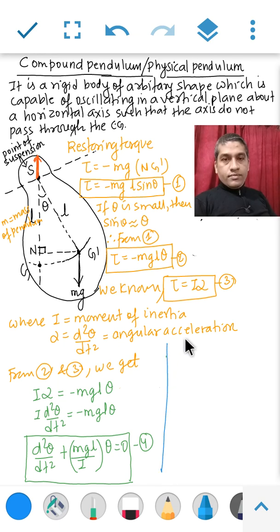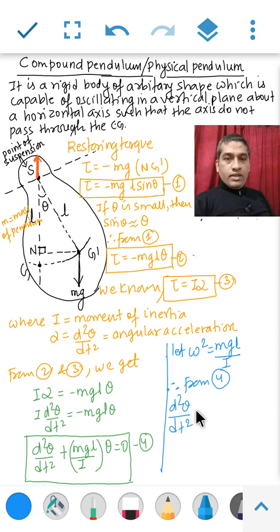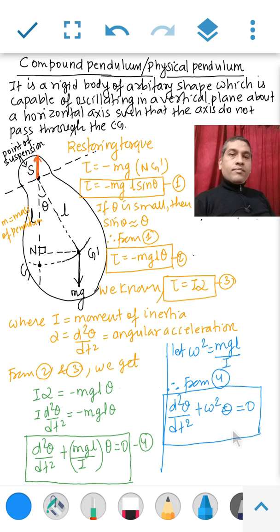So we can write, let omega square equals mgl by I. Therefore, from 4, we get d square theta by dt square plus omega square theta equals 0. So this is the differential equation for the compound pendulum, the second order differential equation for the compound pendulum.